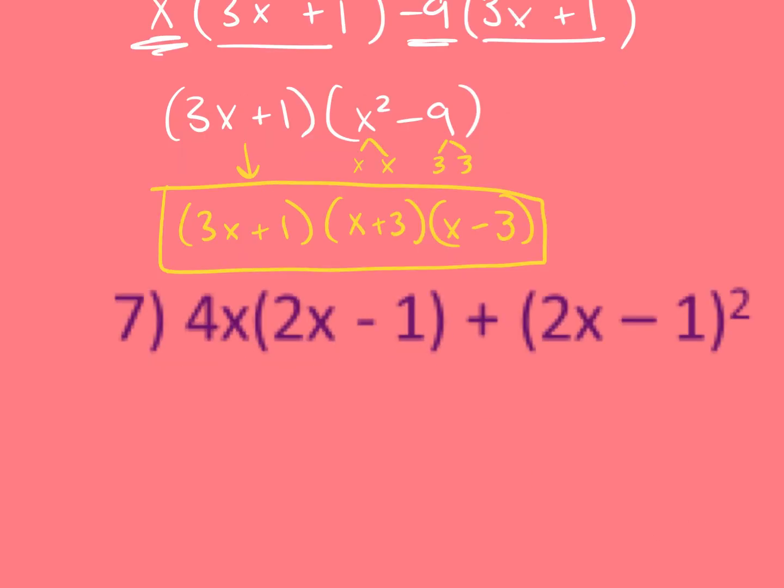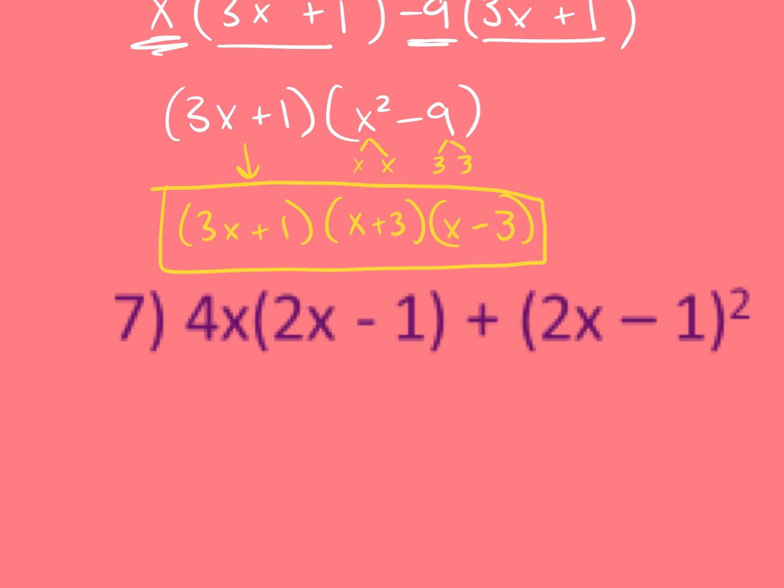So next I have 4x times 2x minus 1 plus 2x minus 1 squared. How can I factor this? So if this is my first group and this is my second, my first term and my second term, what do I have in common between these two? 2x minus 1.